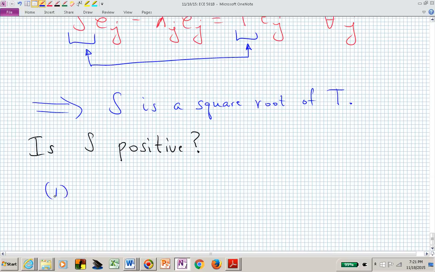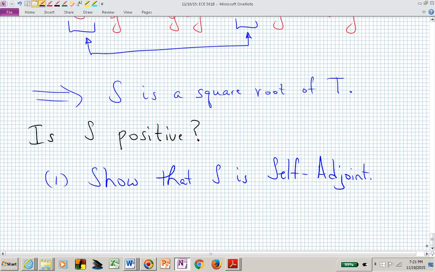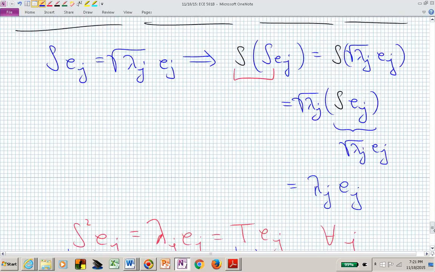So for something to be positive, we need it to be self-adjoint and to satisfy that inner product condition. So first, let's show that S is self-adjoint. Remember what we had defined S to be.